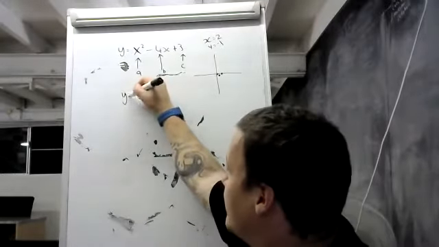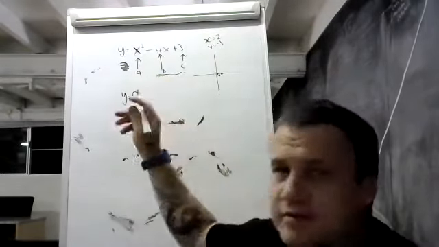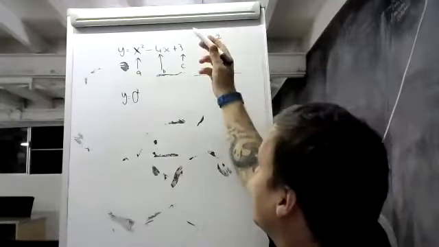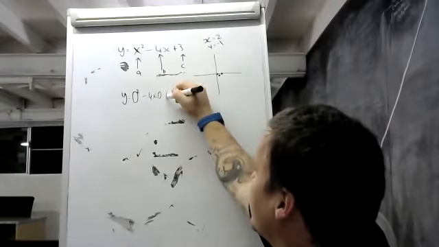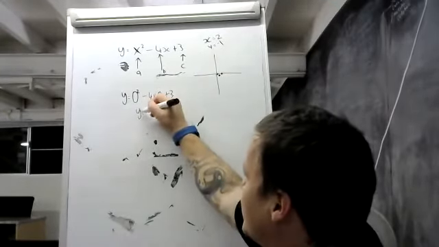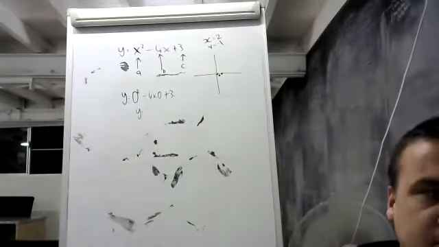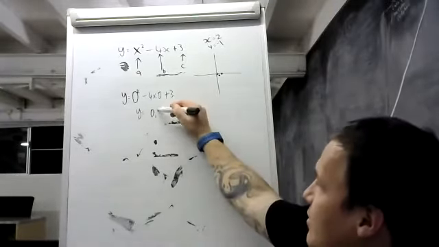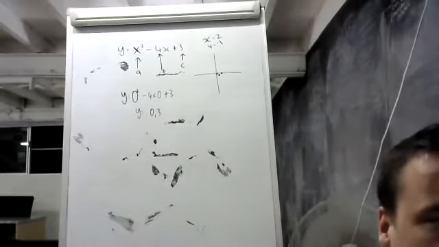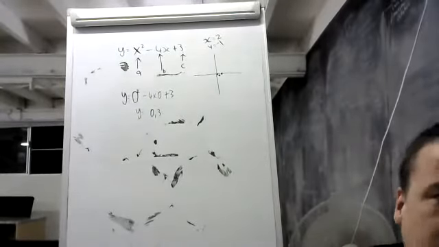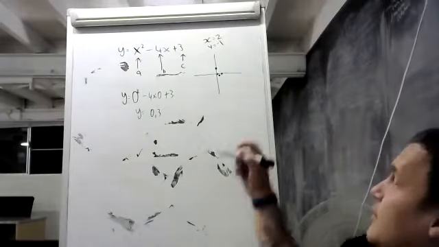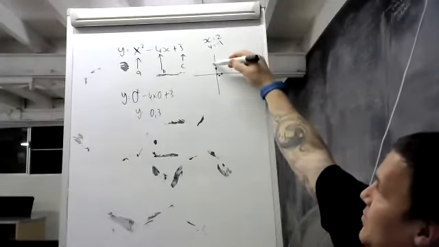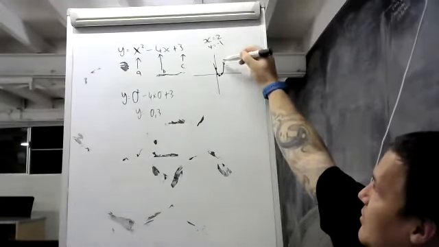So y equals 0 squared minus 4 times 0 plus 3. So would that just give us y equals 3 or 0 and 3? So somewhere along here. So our parabola would have a shape something like that.